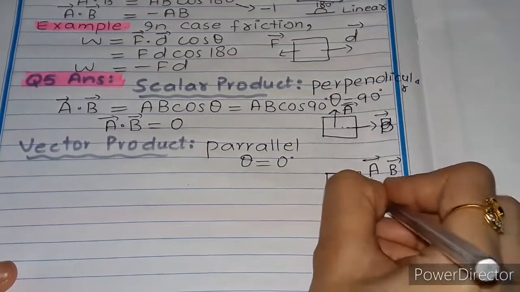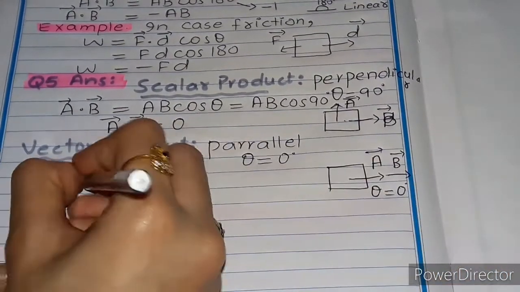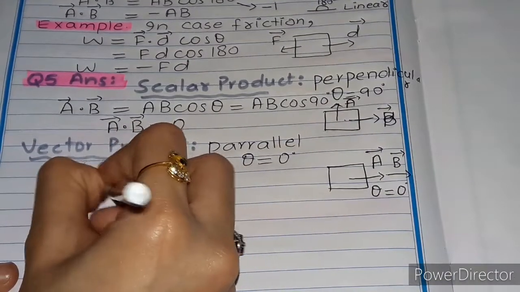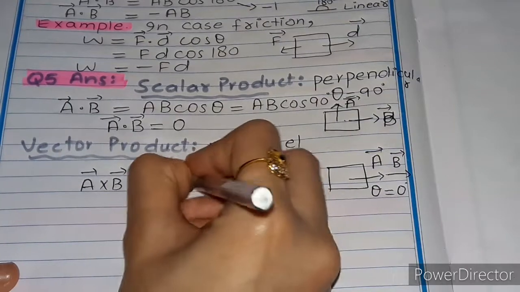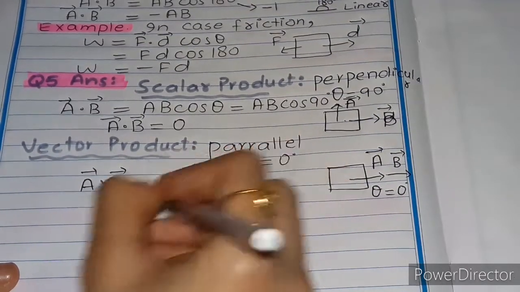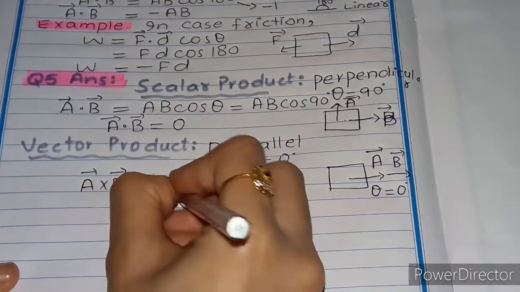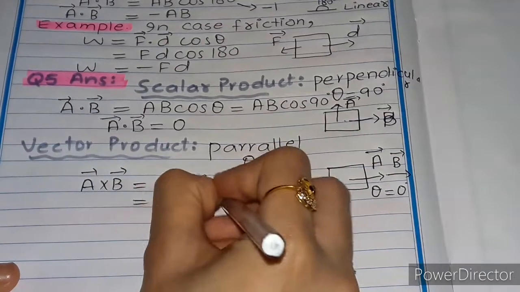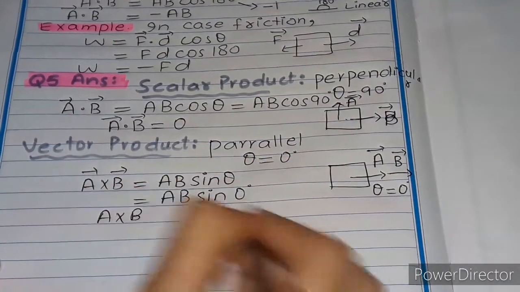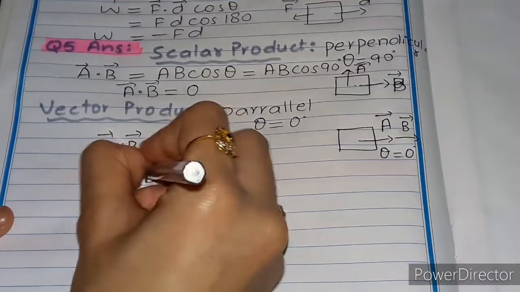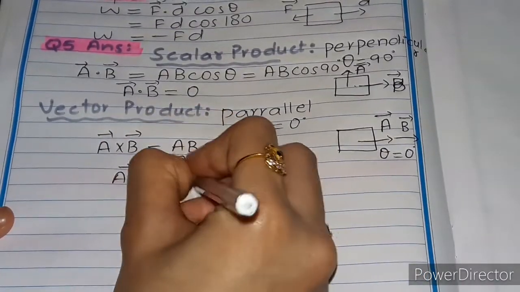So here angle is 0 degree. So A cross B is equal to AB sine theta, and sine 0 is 0. AB sine 0 degree. So A cross B is equal to 0.